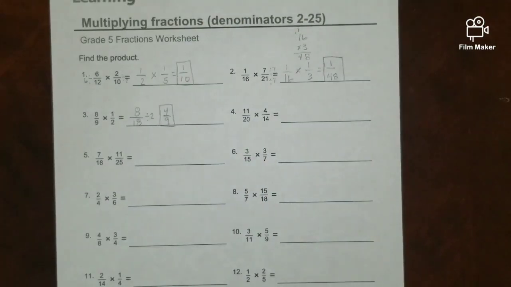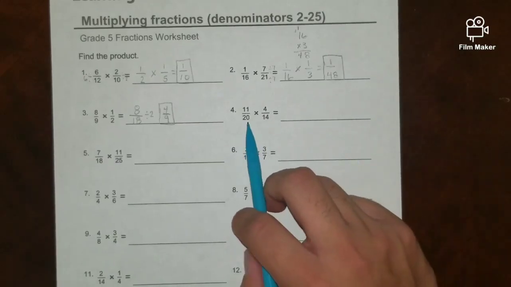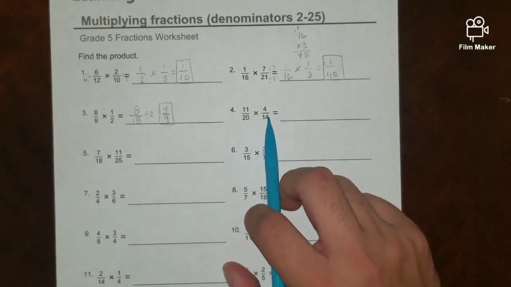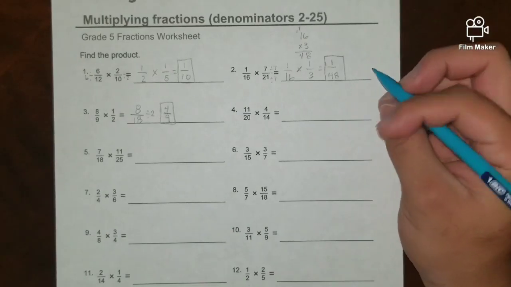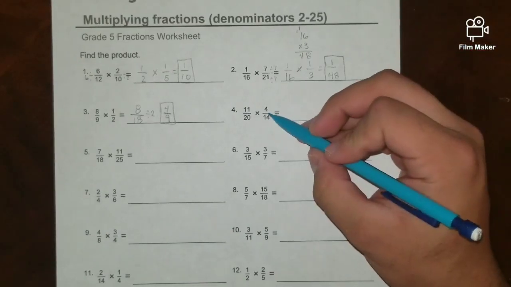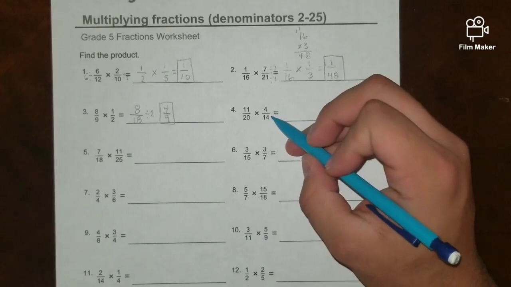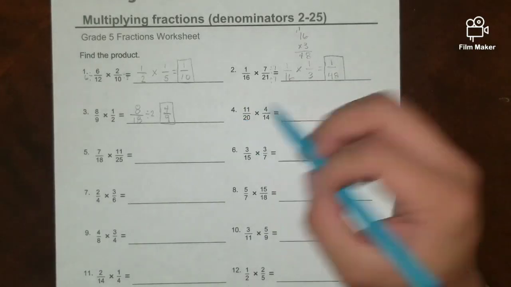And for the last example, we have 11 over 20 times 4 over 14. So one of these fractions can be reduced. Would it be 11 over 20 or 4 over 14? The fraction that would be reduced would be the 4 over 14, since they're both even numbers, and 11 over 20 has no common factors.